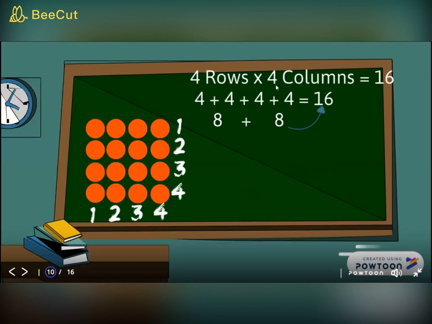I will write number 4 four times. 4 plus 4, this is doubles. 4 plus 4 equals 8. Another doubles, teacher. 4 plus 4 also equals 8. Last doubles we have here, 8 plus 8 equals 16. So 4 times 4 equals 16.